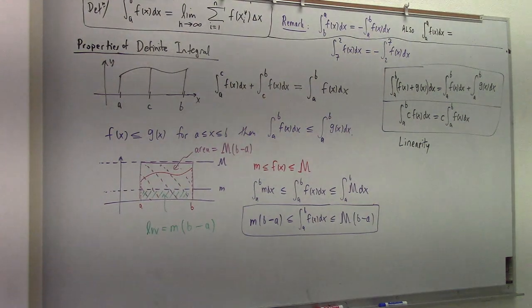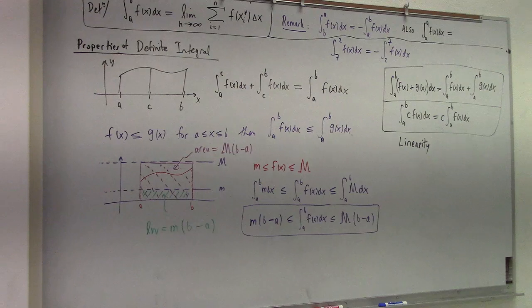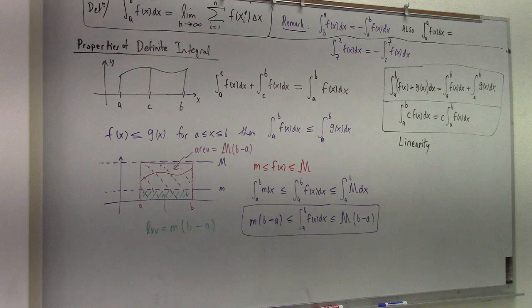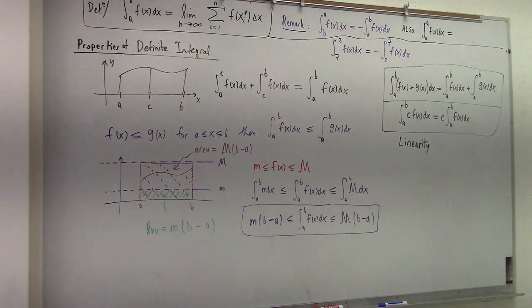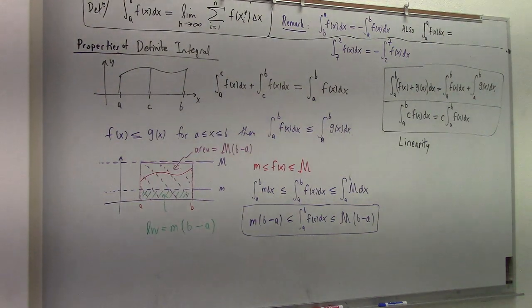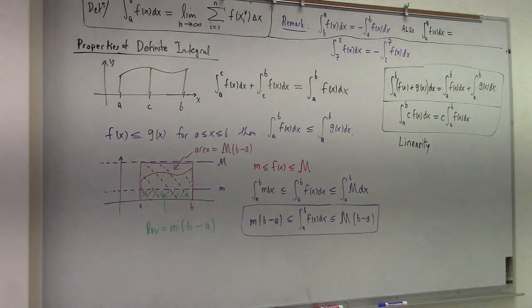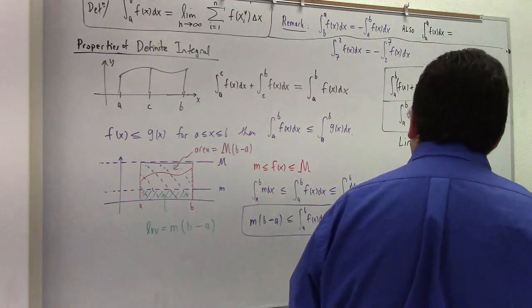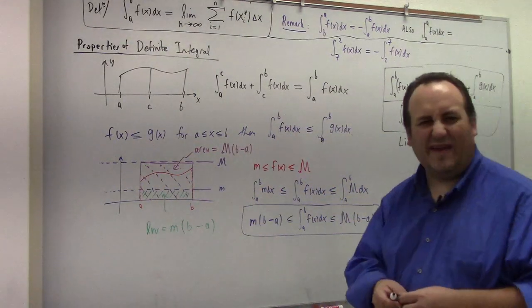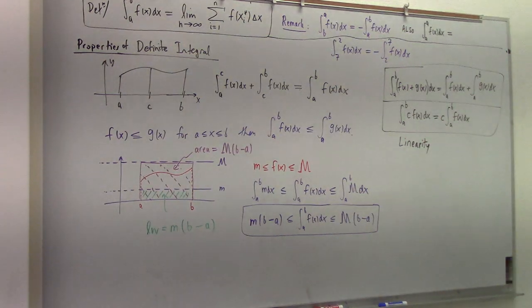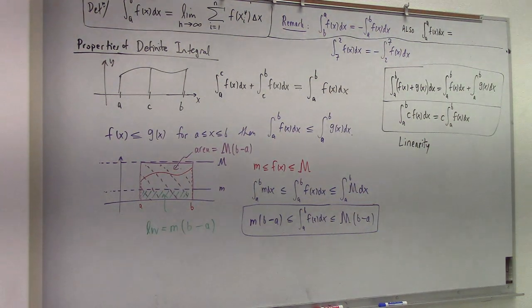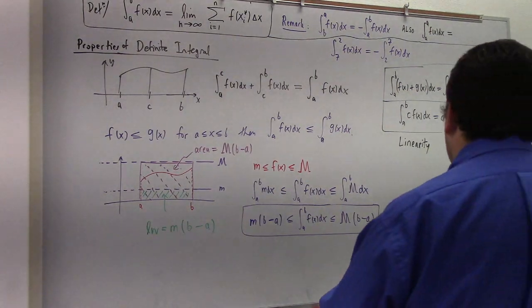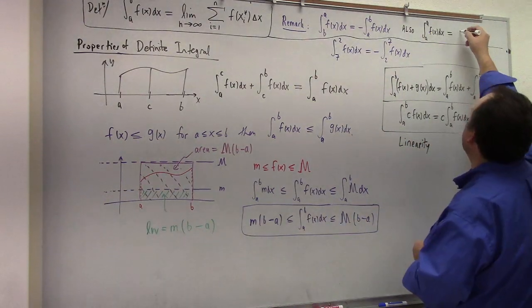This is definition 6.2.21. What do you think the integral from a to a of f of x dx should be? 0. Very good. Yeah. Correct.